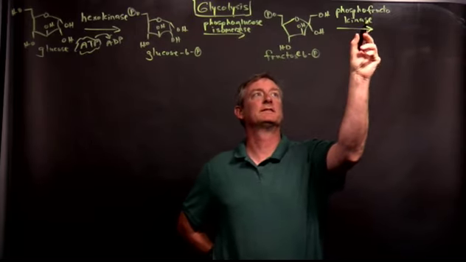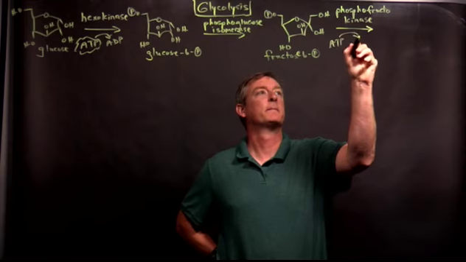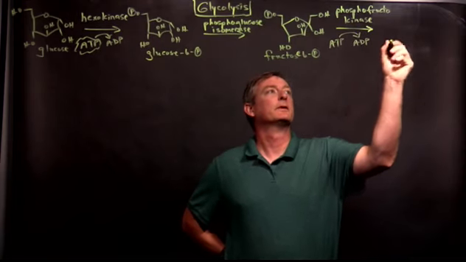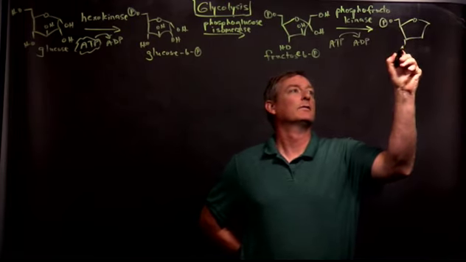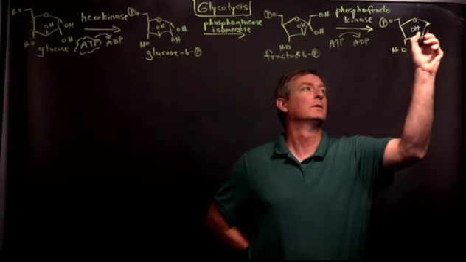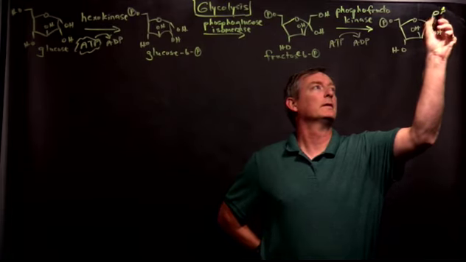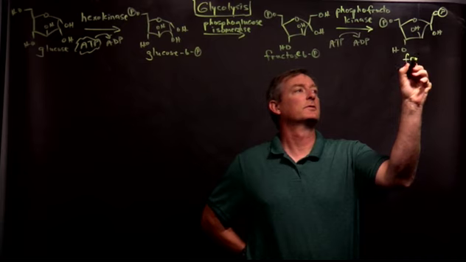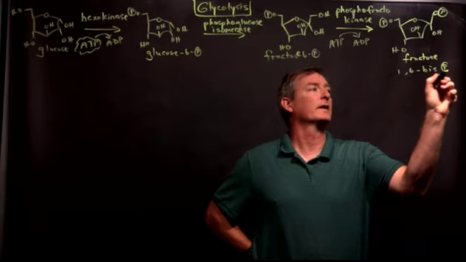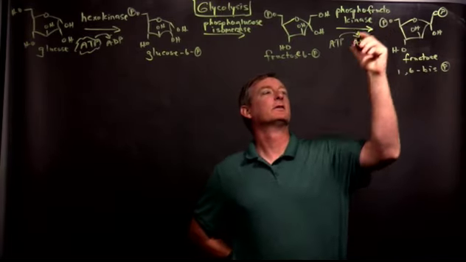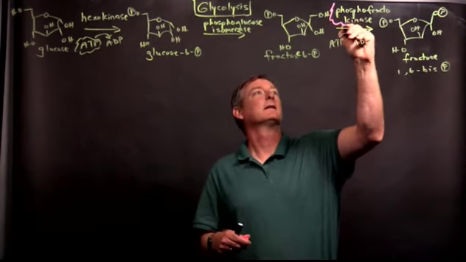Phosphofructokinase is a kinase that works on this phosphofructose molecule, and so it also uses ATP, and it puts a second phosphate in the number 1 position of the fructose molecule. Oh, no, just an O and a P there to give us fructose 1,6-bisphosphate.